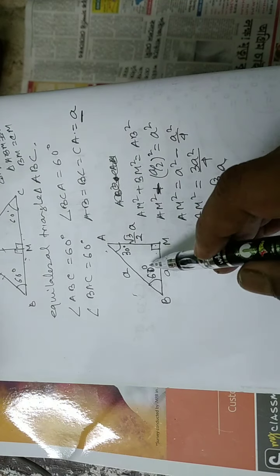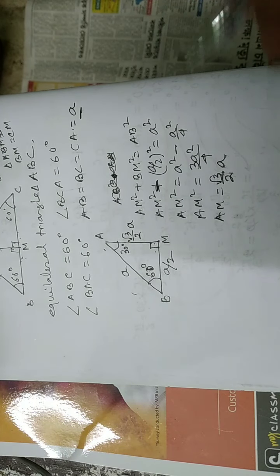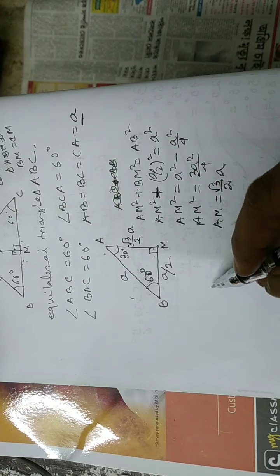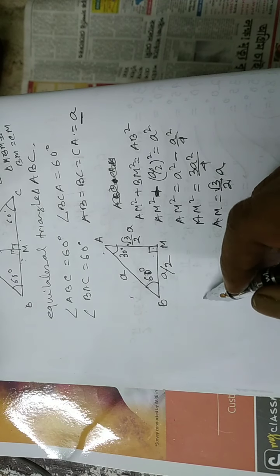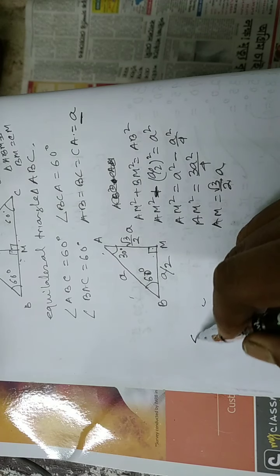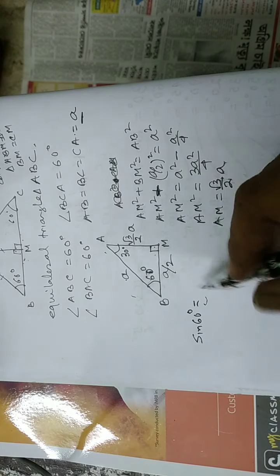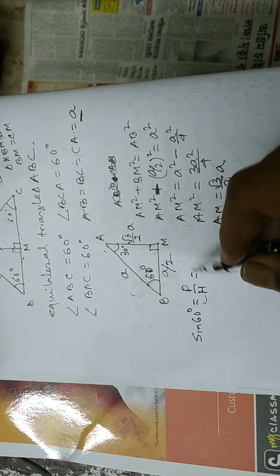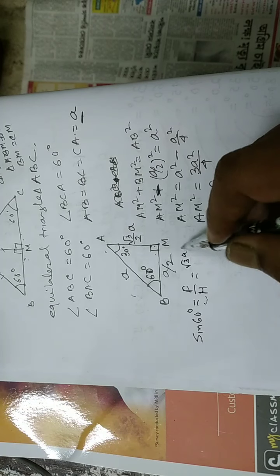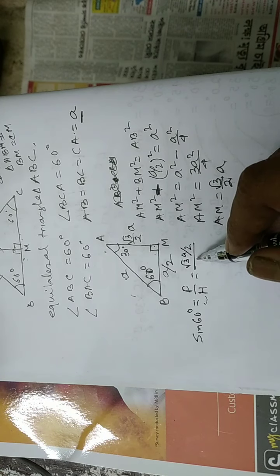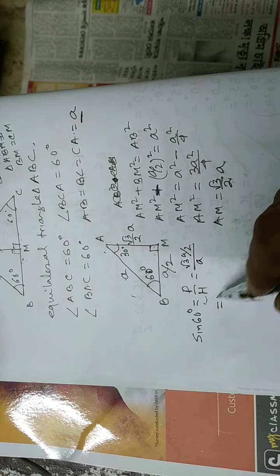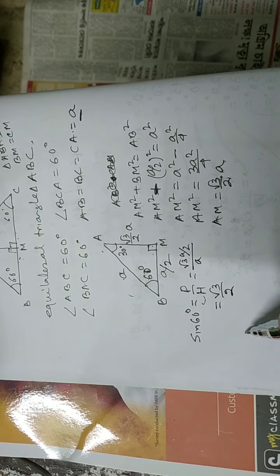Now all things become very, very easy. As this triangle is an arbitrary triangle, A may be any value. So the ratios of this triangle: sine 60 degree equals perpendicular by hypotenuse, P by H, equal to root 3A by 2 by A, that is root 3 by 2, right?